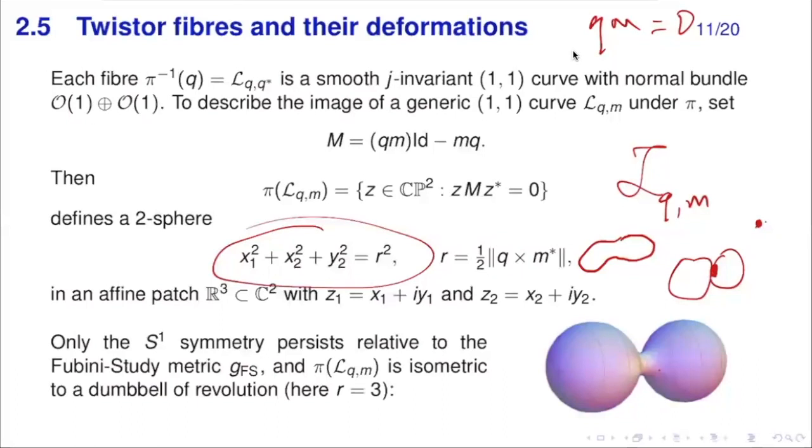It's isometric to a surface of revolution. There's still an S1 symmetry here, because if you look at this equation, I'm not doing anything really to the Z2. There's still this S1 symmetry acting on Z2, so there's this underlying S1 symmetry coming from the Z2 coordinate. We're projecting a 1,1 curve, so we expect something somehow of degree 2 in some sense, and that's what you get.